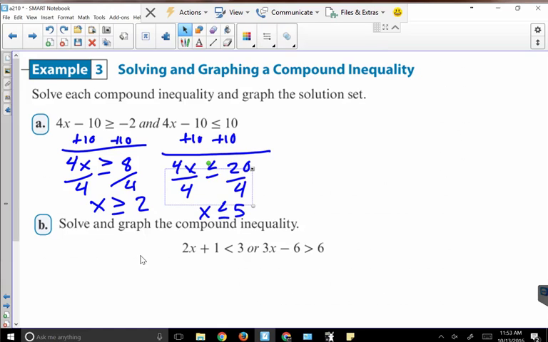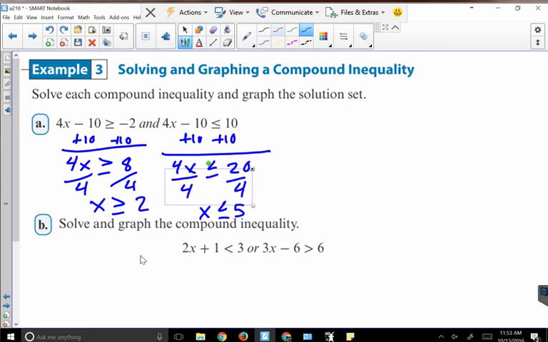Now, is it possible for this to be true? Is it possible to have a value that is greater than 2 but less than 5? And the answer would be yes.